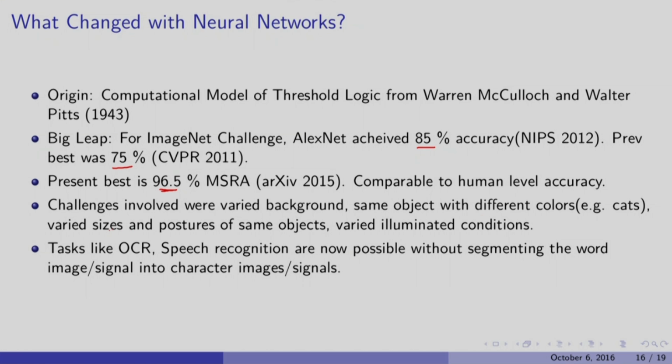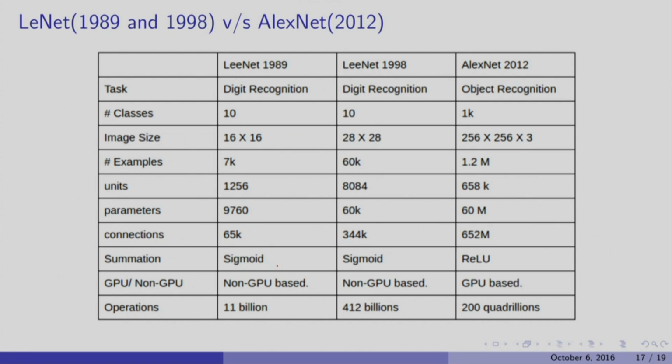These issues do crop up in other tasks such as optical character recognition and speech recognition. However, with certain advances in neural networks, we are today able to address these tasks without any significant signal processing overhead or domain knowledge. For example, speech recognition is now possible without segmenting the word, or in the case of image recognition, without segmenting the image into components.